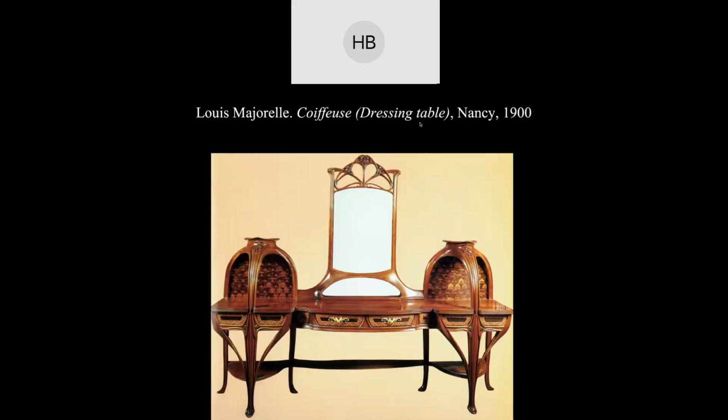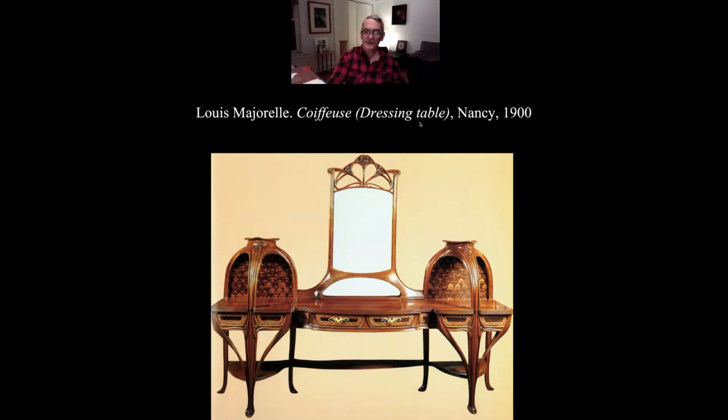So here is a Louis Majorelle dressing table from Nancy, a city. I love this element that bends forward, bends across the front of it, which doesn't really do much in terms of how you use it.